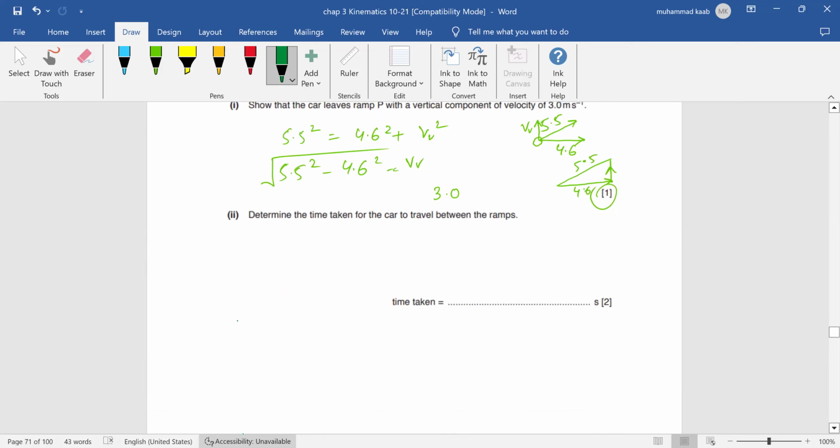So initial vertical velocity is 3.0, final velocity is 0, and a is negative 9.81, moving up, and we are interested in time, so we can use a equals (v minus u) over t. Shift t this side, divide minus 3 by minus 9.81, and multiply the time by 2 to get the full time. So that's it.